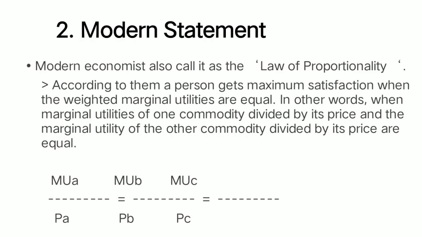And next, let's proceed to the modern statement. Modern economists also call it the law of proportionality. According to them, a person gets maximum satisfaction when the weighted marginal utilities are equal. In other words, when the marginal utility of one commodity divided by its price and the marginal utility of the other commodity divided by its price are equal.